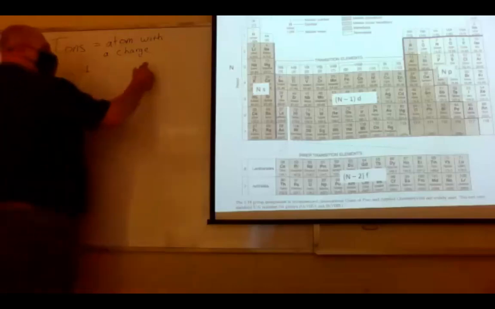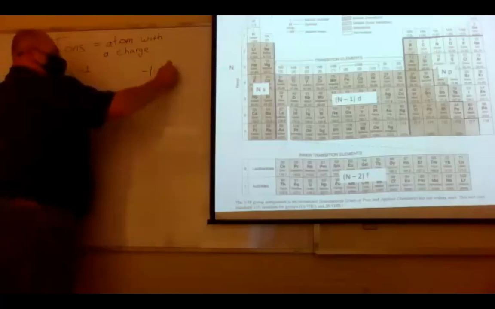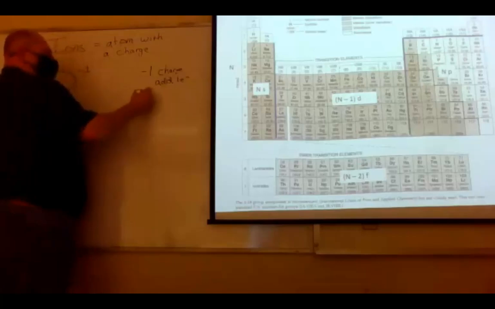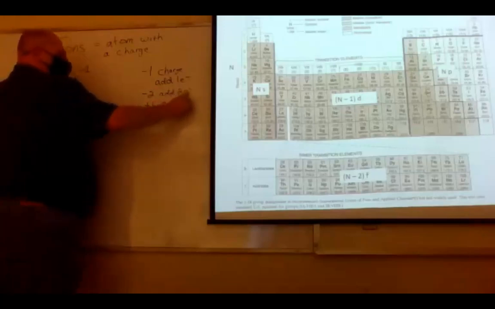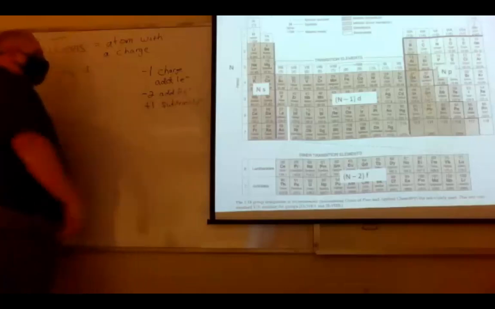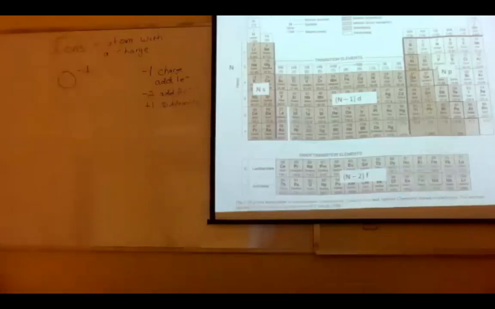Keep in mind, when it's a -1 charge, you add 1 electron. If it's a -2, you would add 2 electrons. If it's a +1, you subtract. And that seems backwards to us at first until we remember that electrons have a negative charge.